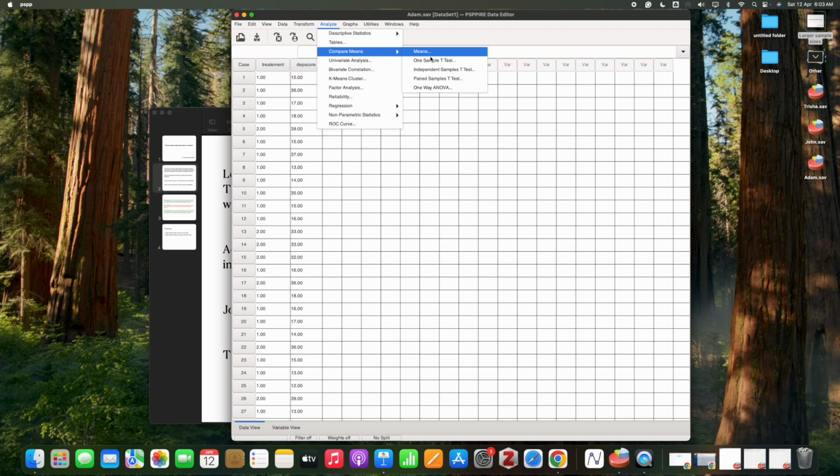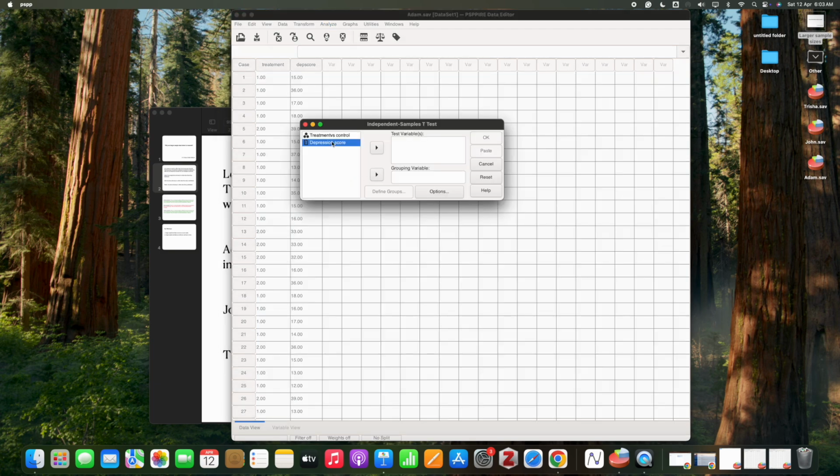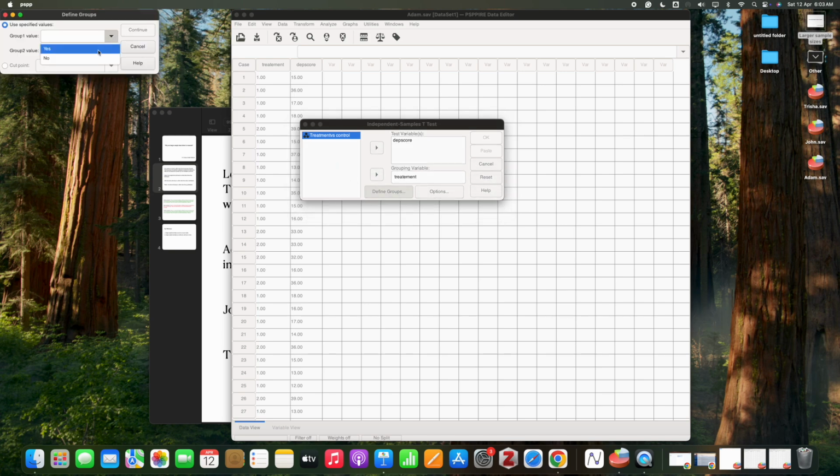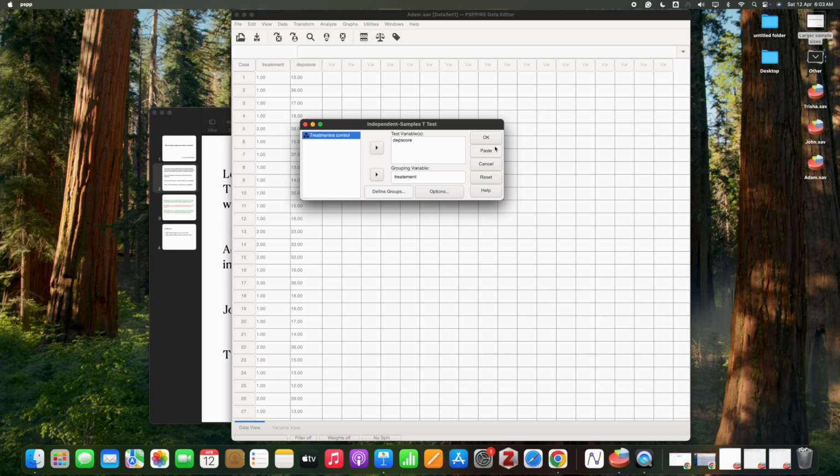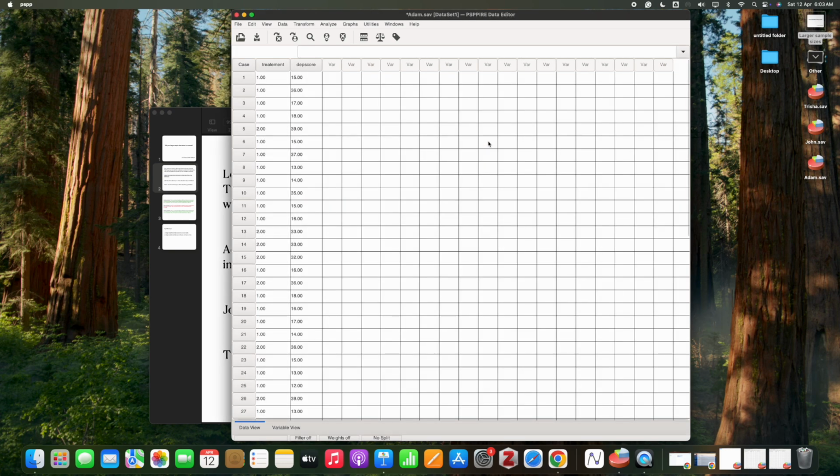We do compare means, independent sample t-test. We assume that the data is normally distributed for this example's sake. We choose the groups yes and no. That is, yes refers to they have undergone treatment, and no refers to the fact that they have not undergone treatment. Click OK, and then yeah.